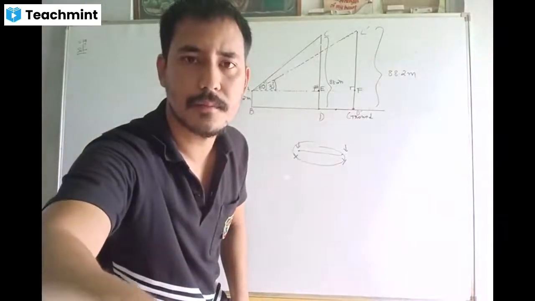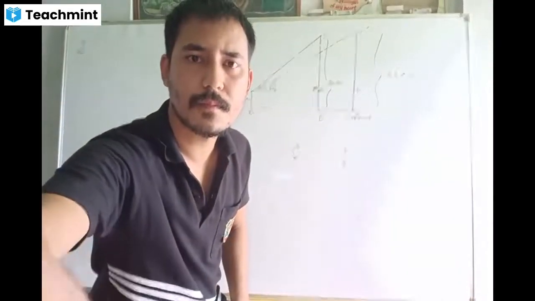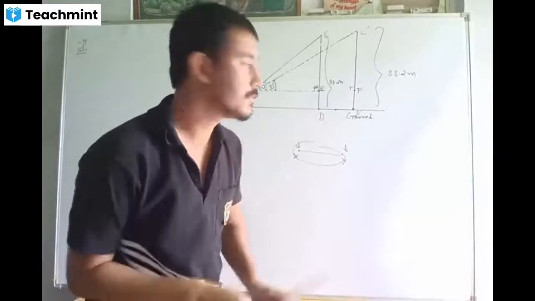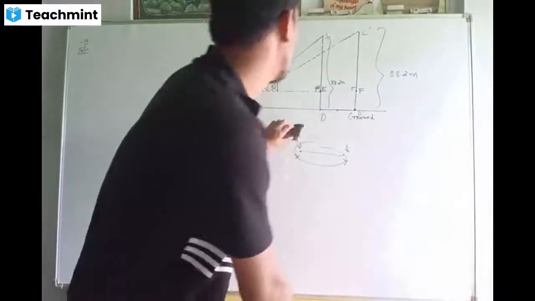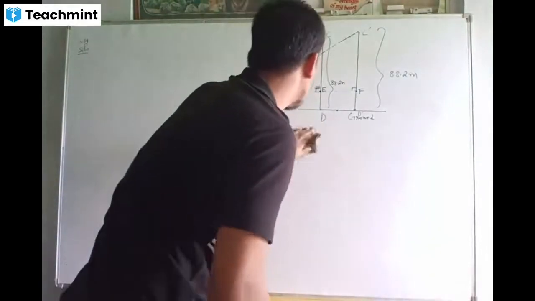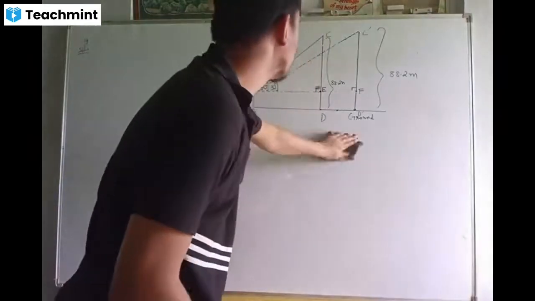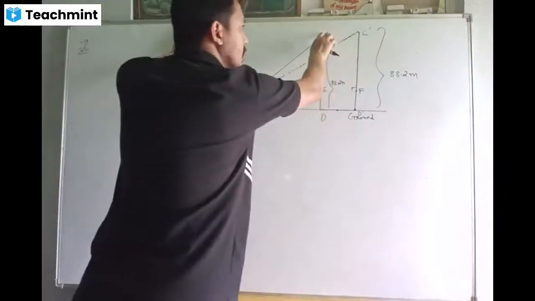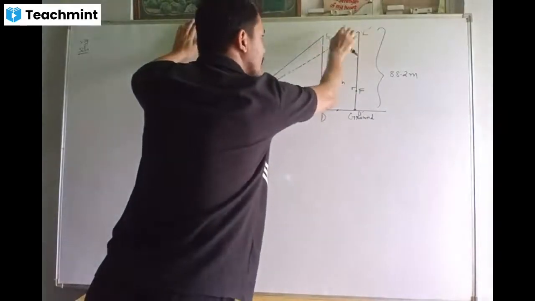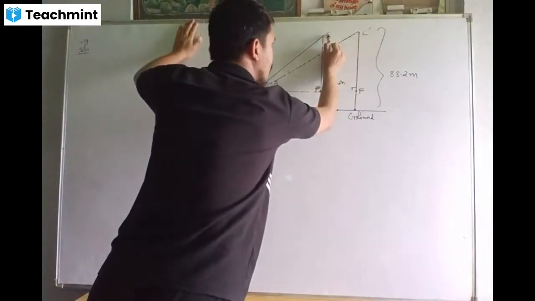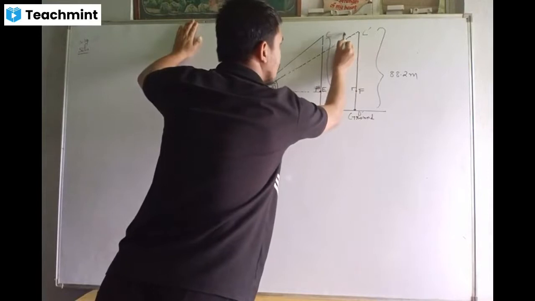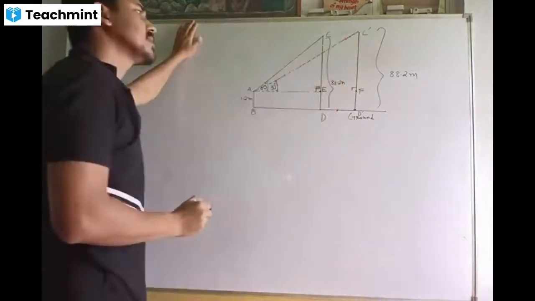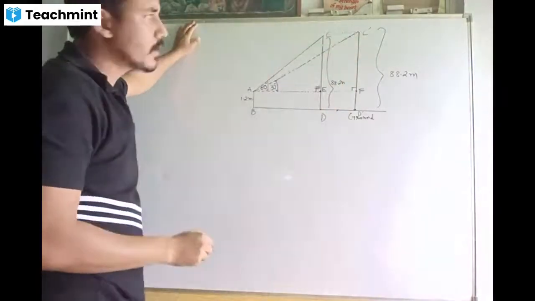Now, the distance between C and C dash gives the distance traveled by the balloon.